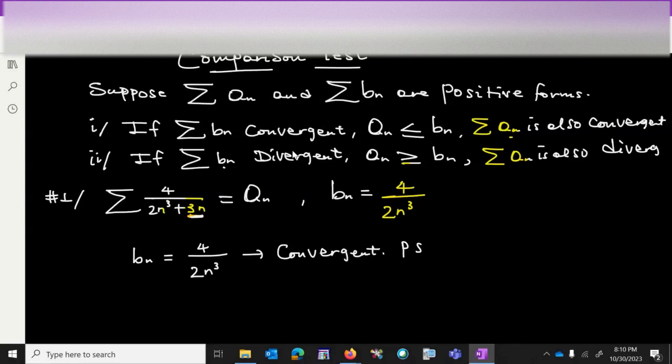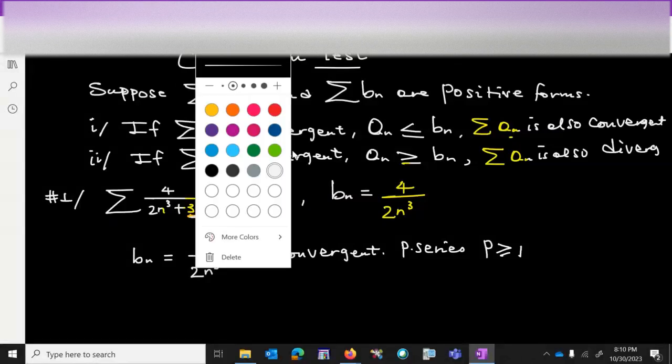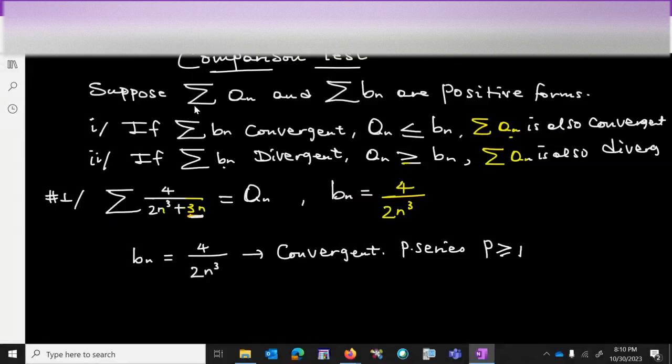You have to remember something from your background. This is a p series, with p greater than or equal to 1, because the p value in here is 3. A p series is something that looks like n to the power of p. So based on the p, I can decide.